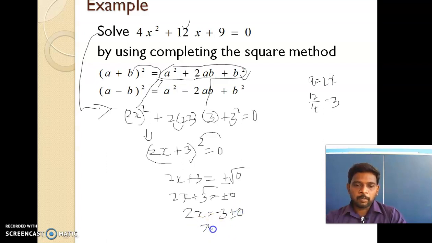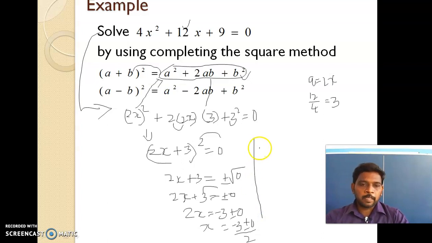Therefore x equal to minus 3 plus or minus 0 whole divided by, this 2 will become in division, right? So now we can split the roots, that is positive root and negative root individually.